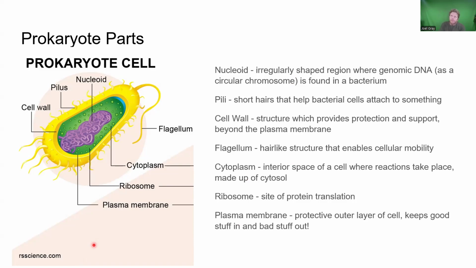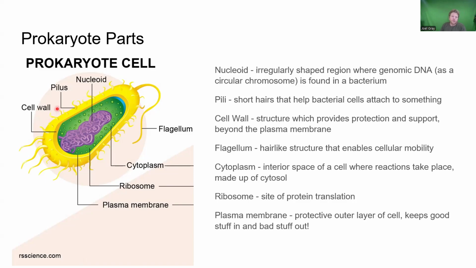Bacterial chromosomes are typically circular, not always, but they are typically circular. Most or many eukaryotic chromosomes are linear. There are some that are circular, and there are some, in the case of yeast, that can be circular at some points and linear at other times.